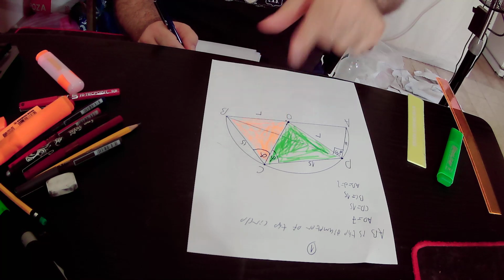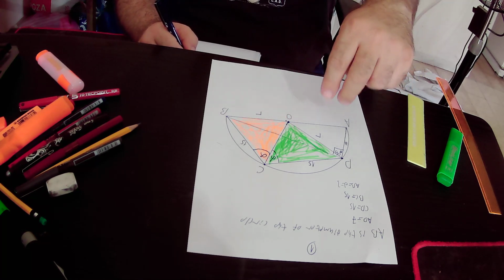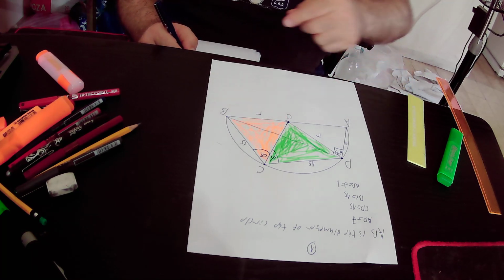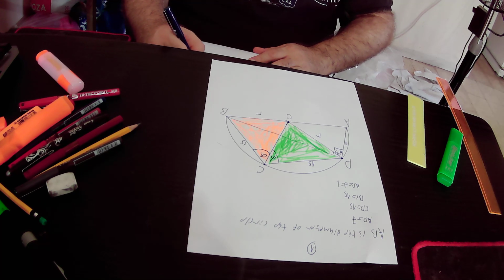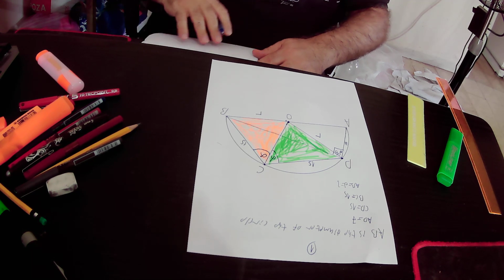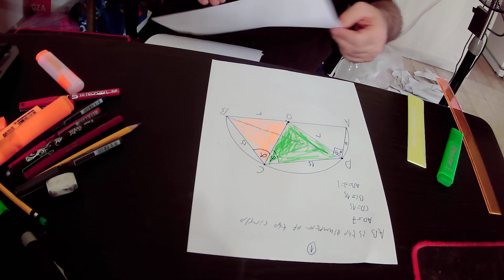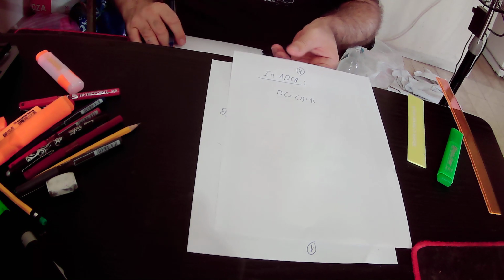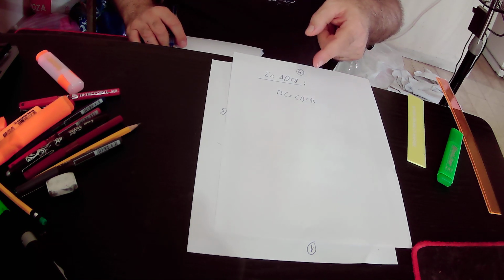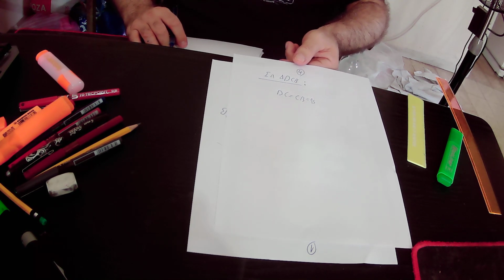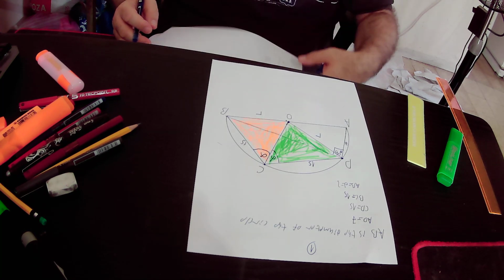Both of those two sides are equal to 15 units. DC equals CB equals 15 units. Again, in triangle DCB, side DC equals side CB, both equal to 15 units in size.